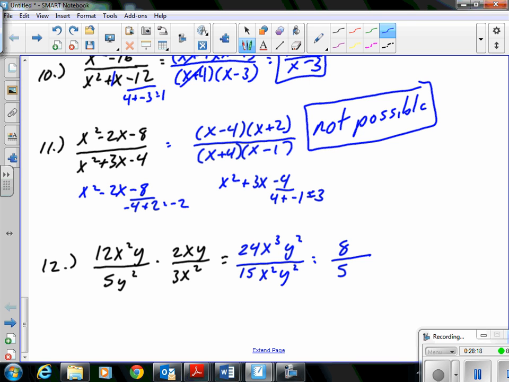And then x to the third over x squared: x squared is going to take away 2 of those out of the 3, leaving us 1 there, so x to the first, or x on top. And then y squared over y squared is going to cancel each other out. So you can have it 8x over 5 or 8/5 x. Either one would be acceptable there.